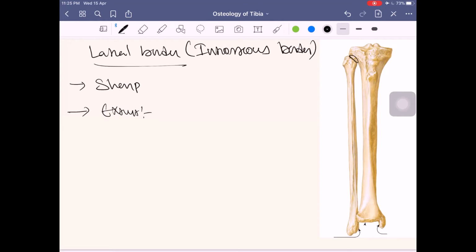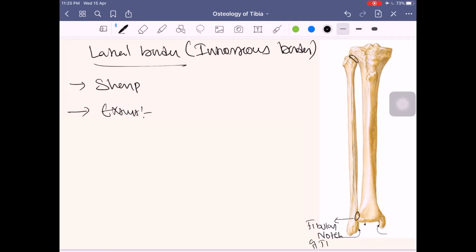It keeps going down and becomes the anterior border of a notch. Here you see there is a notch. This notch is for the fibula, so we call it the fibular notch, which we'll talk about in the lower end.